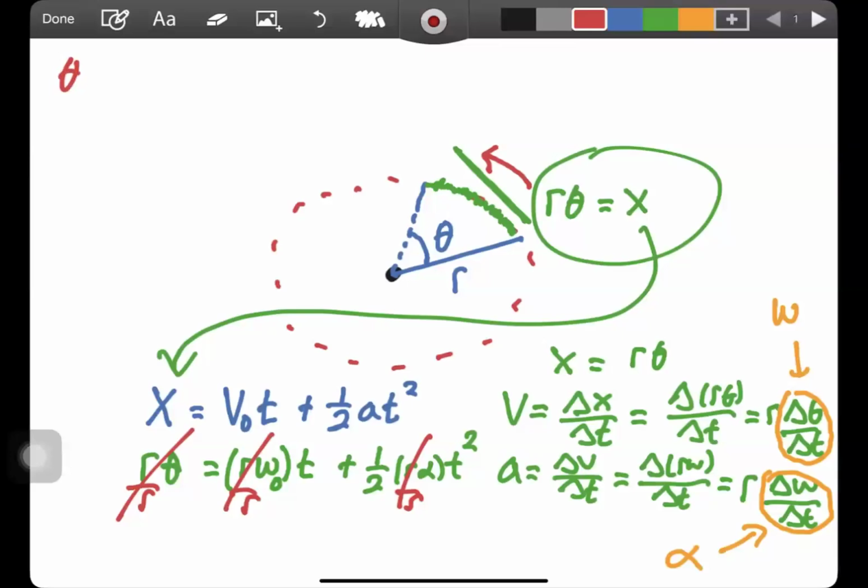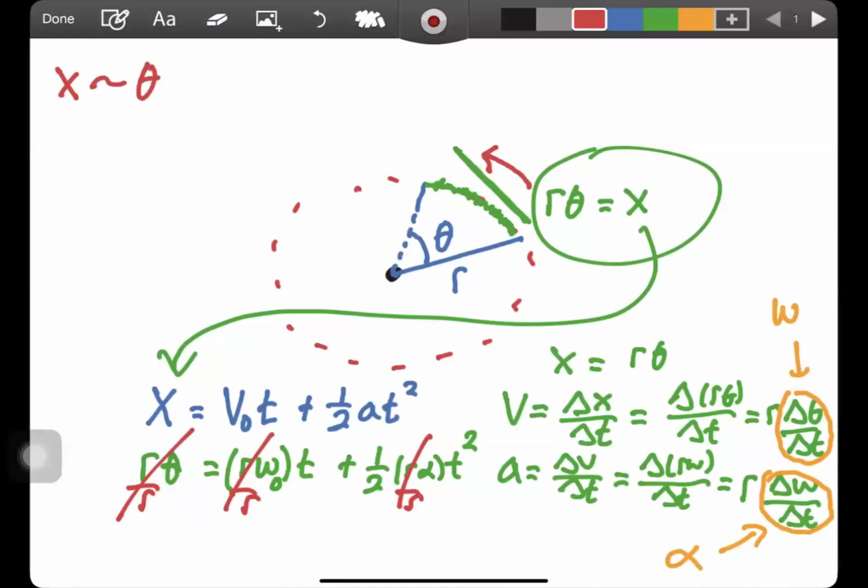Essentially, when it comes to these equations, anywhere that you see an x, some distance, and granted, this could be y, this could be s, whatever your nomenclature is, but just whatever your position, where the units are SI meters, what you would do is make the transformation to theta.